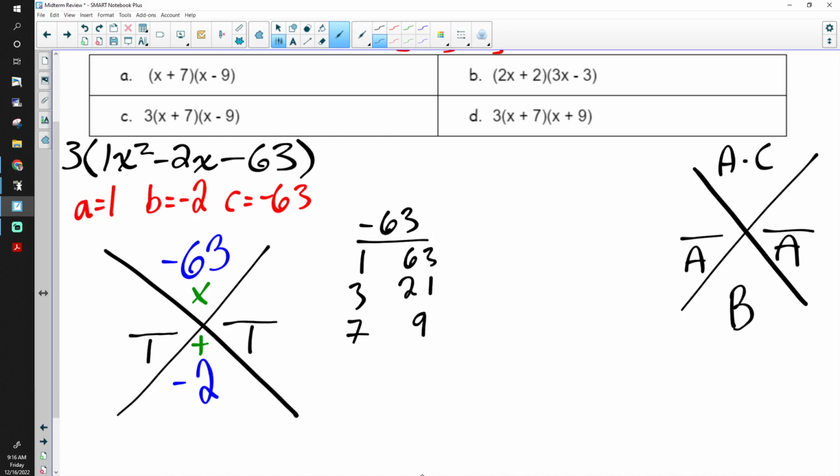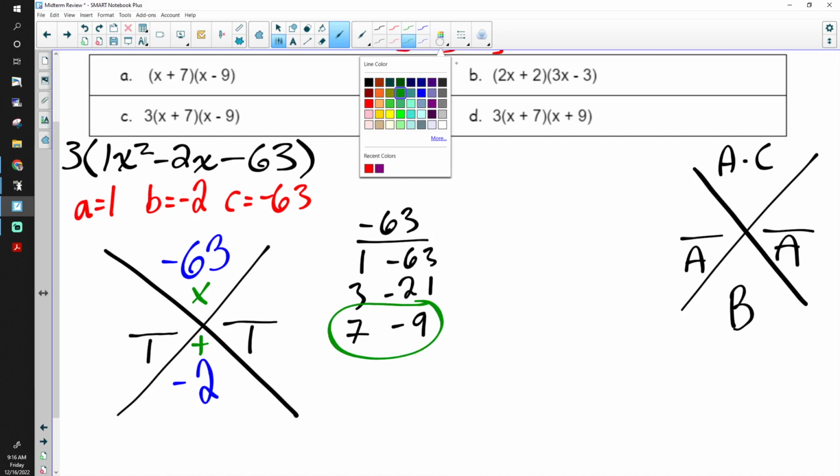Those are the 3 ways to make 63. Okay? It needs to be -63. Which side makes sense to make negative? The right side. Since the bottom number is negative, the bigger of our side should be negative. The only pair that multiplies to -63 and adds up to -2 is 7 and -9, those are our winner-winner chicken dinners.